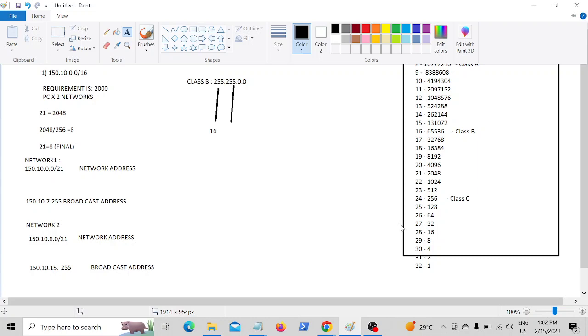So what will be the subnet mask for this slash 21? 248. Yeah, 248, right answer.